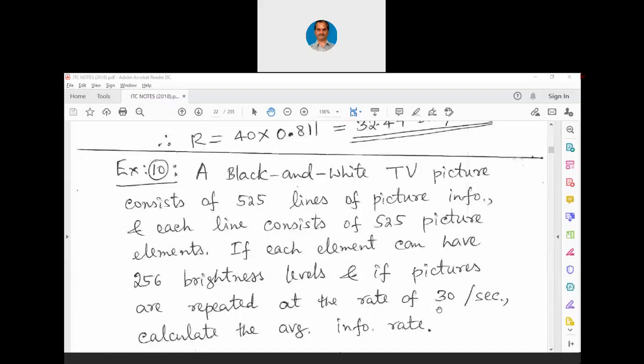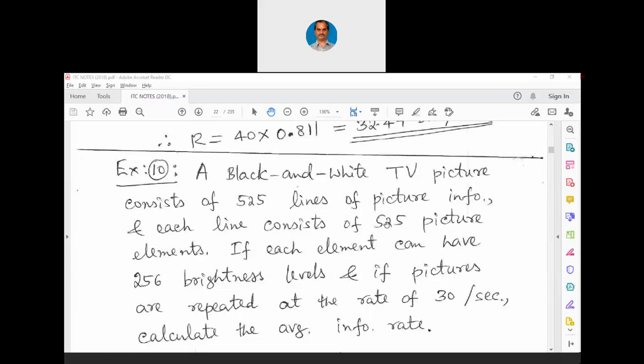Now the question here is: calculate the average information rate for this particular television transmission. Now 525 into 525, that is the total number of pixels. And here all these pixels have one and the same probability, which means they don't occur with different probabilities, because all of them are identical on the television screen.